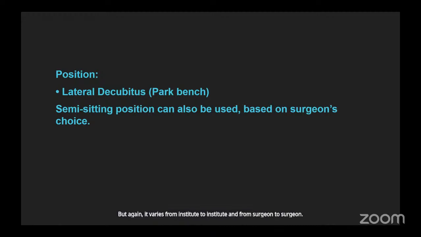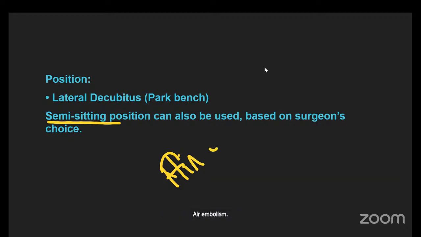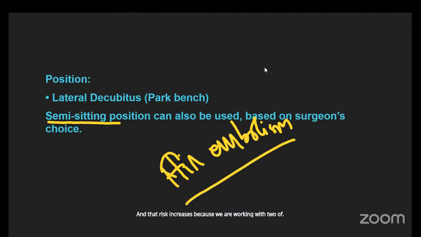What are some problems of semi-sitting position if we choose to use it? Can anybody share? There's high risk of embolism. Air embolism. Exactly. There is a very high risk of air embolism, and that risk increases because we are working with two of the major sinuses, right?